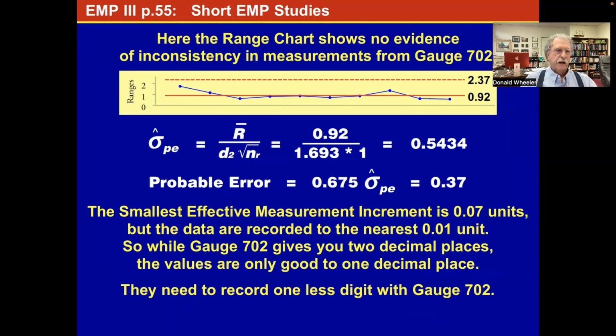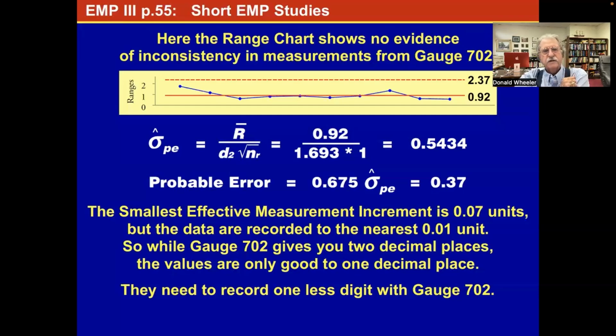So sigma PE hat would be R bar divided by D2 times the square root of the number of replicated readings used to report a value in practice. So here our R bar is 0.92.